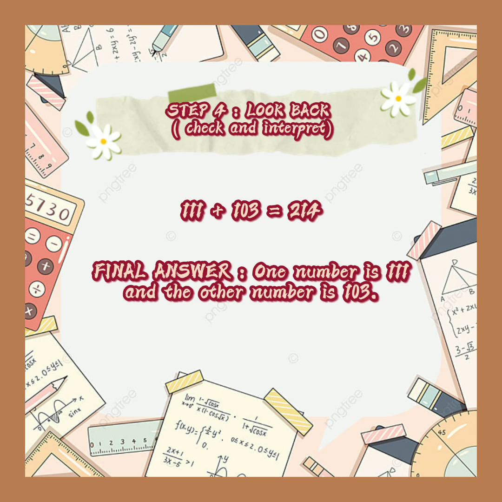Now lastly, in step 4, we will look back to check and interpret. So if we add 111 and 103, a number 8 less than 111, we will get a result of 214. So the final answer is one number is 111 and the other number is 103.